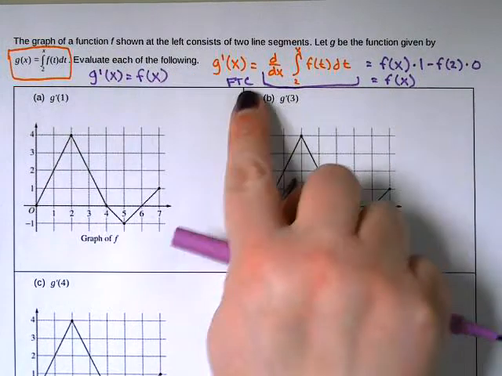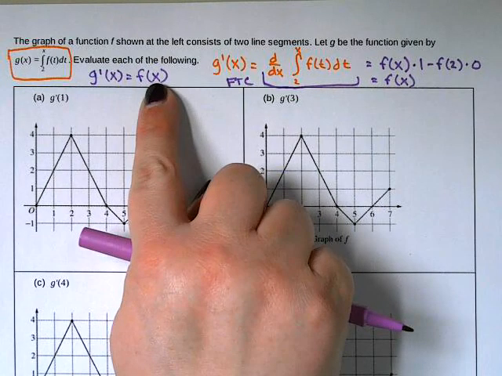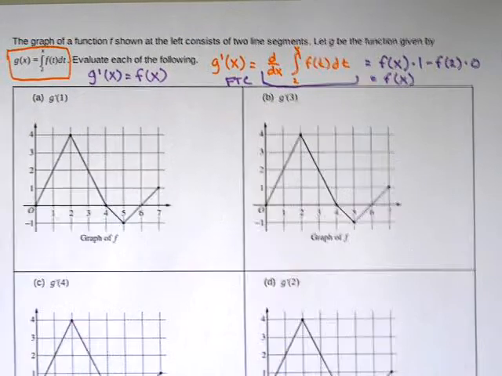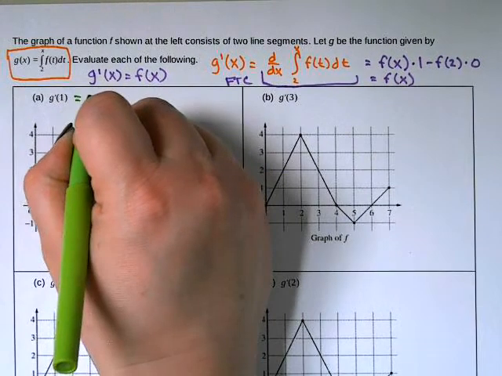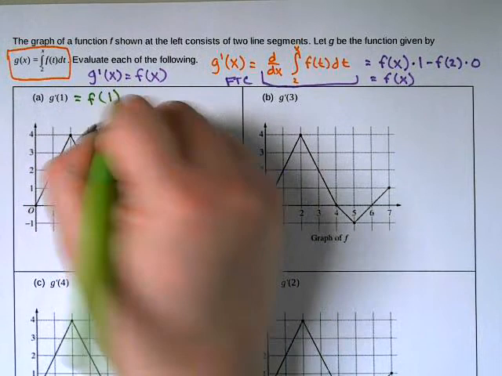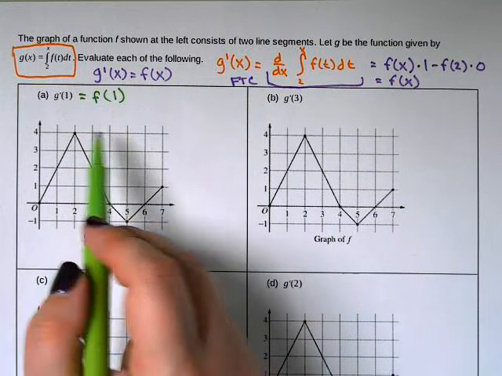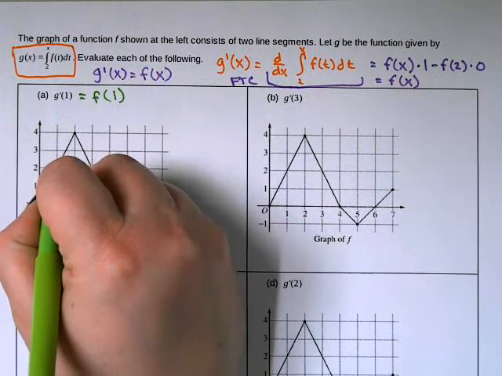So we use the fundamental theorem of calculus to work out what our derivative is actually equal to. So what that means then is if I want g prime of 1, that really means I just want f of 1. And since I'm given the function f, all I have to do is figure out what's the function value at 1. So here's 1.